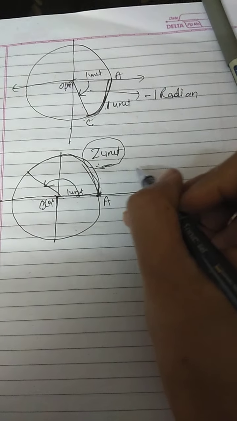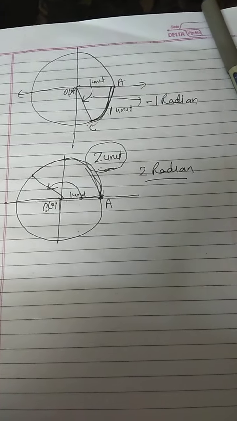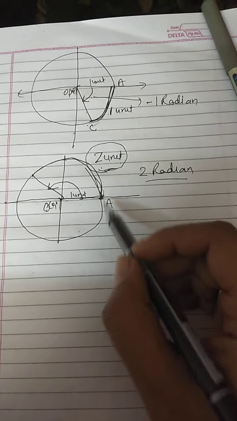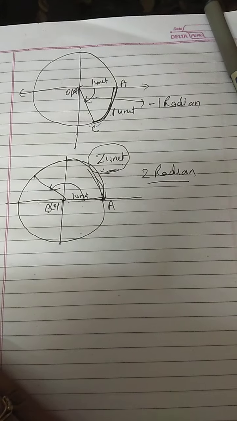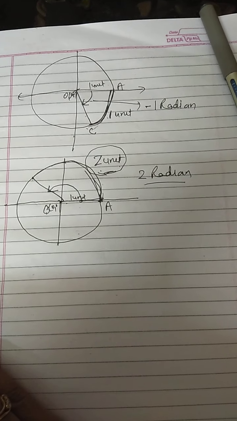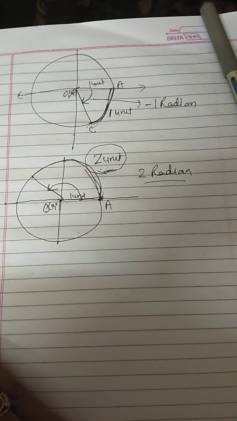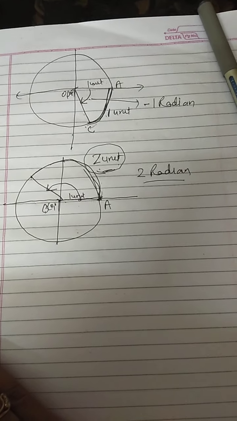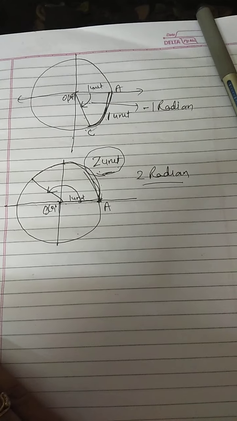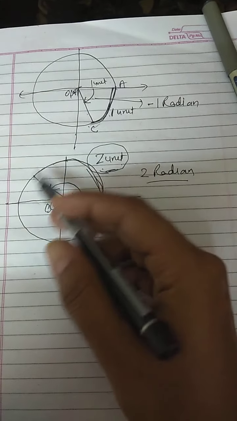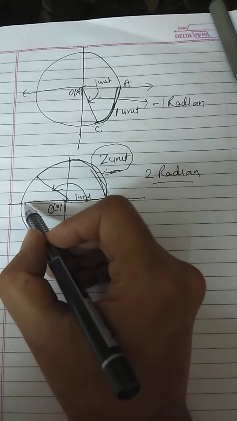So this angle will be 2 radians. And if I take the angle in clockwise direction, the length of the arc is again 2 units, then it will become minus 2 radians. So if I increase the length of the arc, what is happening here? The angle is also increasing. If I increase the length of the arc by 3 units and so on, the angle keeps increasing.